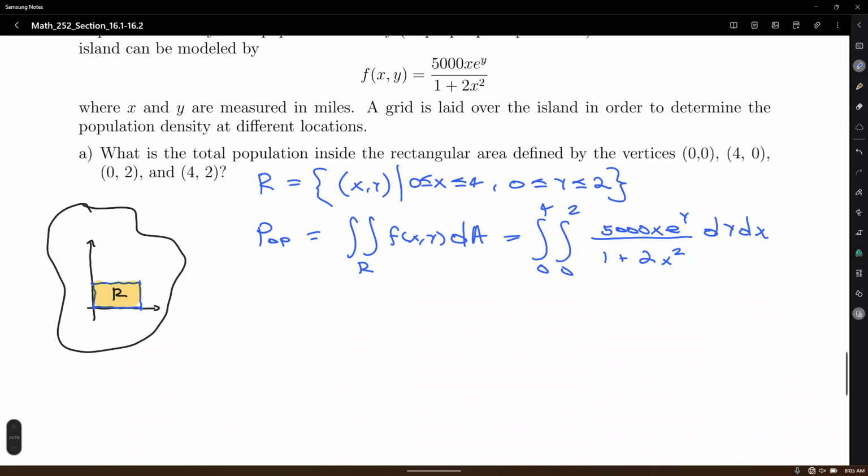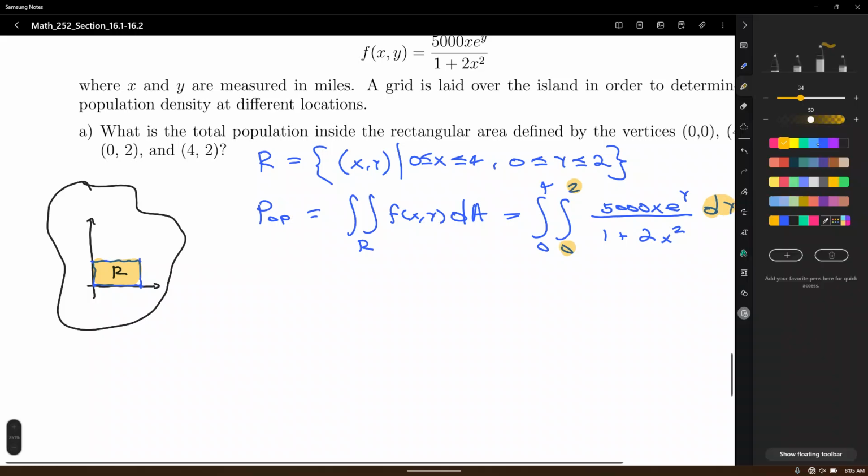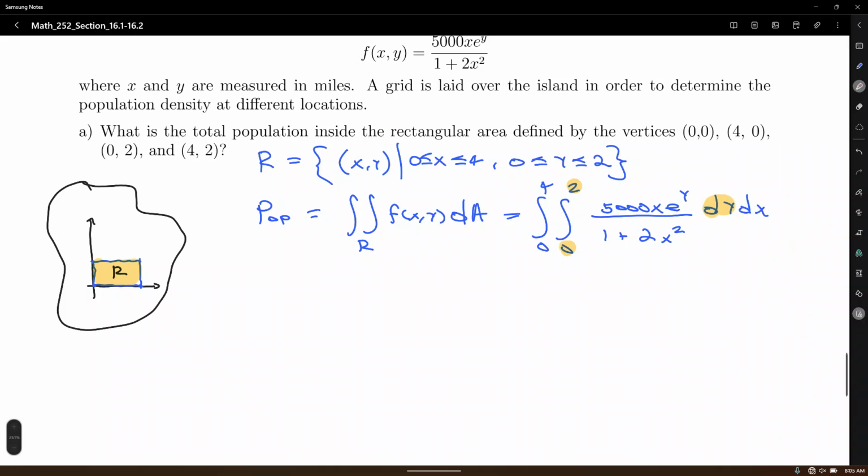So let's integrate with respect to y. And again, keep in mind, dy is related to the inner limits, and dx, which is the outermost differential, is related to the outermost limits of integration.